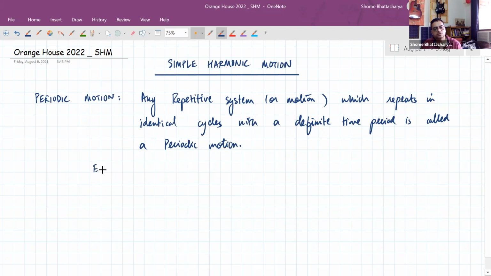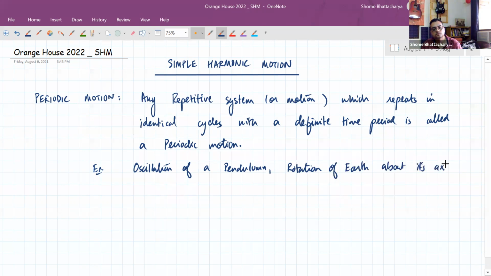For example, you have the oscillation of a pendulum. Rotation of the earth about its own axis. Then you have any type of orbital motion.